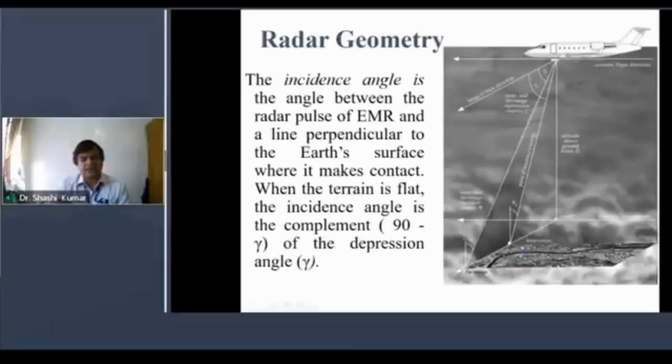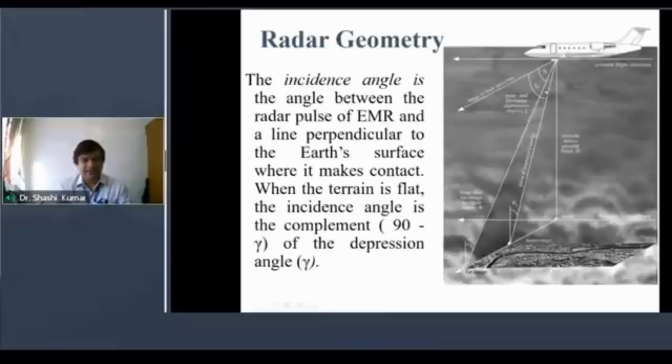All the SAR sensors are side-looking radar sensors, so that they have a higher capability for structural properties retrieval. They are not nadir looking, because then they would have less sensitivity to structural properties, as they would have only the top view of the object. So all the SAR sensors are side looking radar sensors.